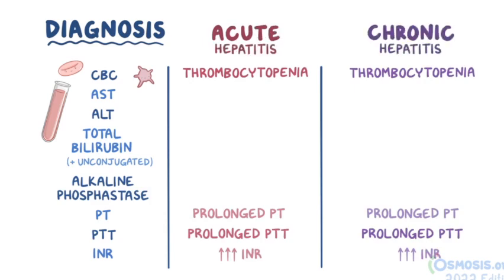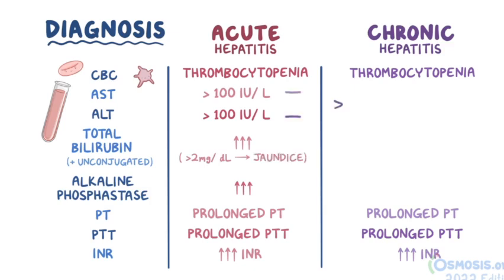In acute hepatitis, levels of AST and ALT are over 100 international units per liter, and sometimes the alkaline phosphatase and total bilirubin are elevated as well. If the total bilirubin is above 2 mg per deciliter, then an individual can appear jaundiced.